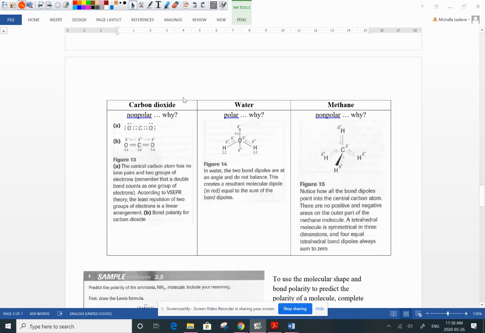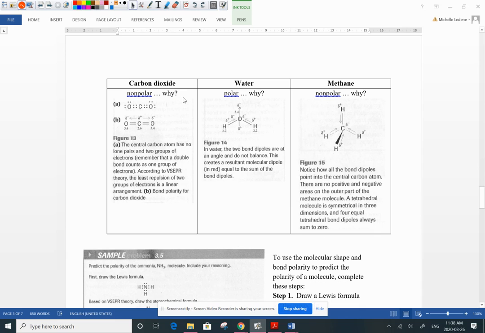So here we have a couple of examples on the next page where we're looking at a few molecules. We've got carbon dioxide, and I have told you guys that this is non-polar. So why is that? Again, we're looking at two things. First, the electronegativity difference between the atoms: we go to our data booklet and we see 3.4, 2.6, 3.4.